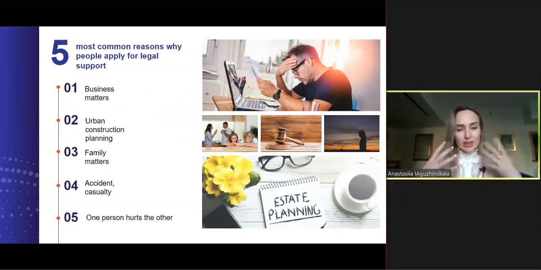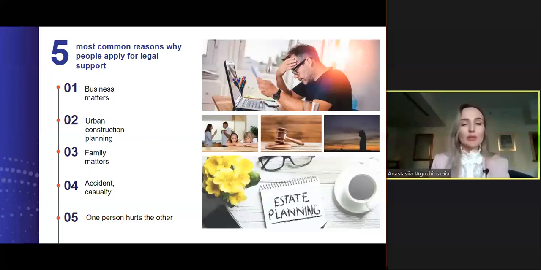The first reason is business. Every person, when he reaches some age, he becomes independent and wants to become a businessman.